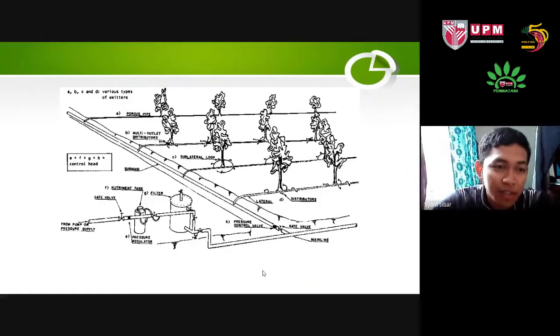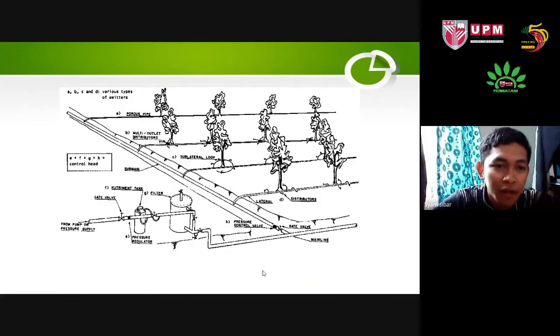This is one of the advantages of the drip irrigation system. When we irrigate our crops using this system, we can also include fertilizer and other nutrients directly with the water.